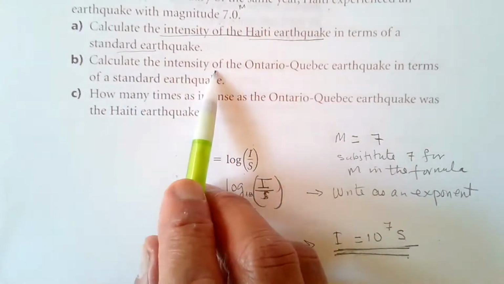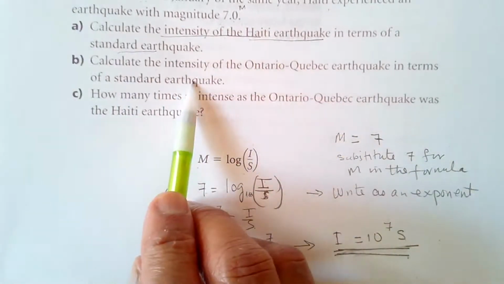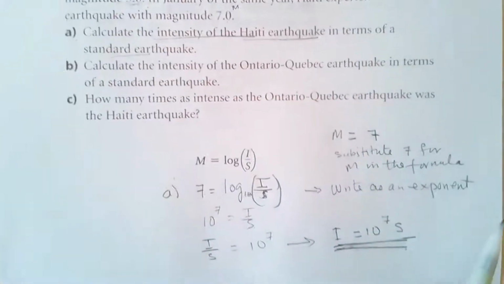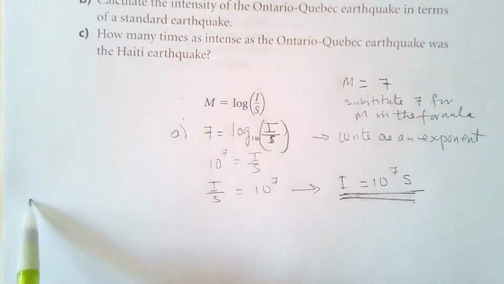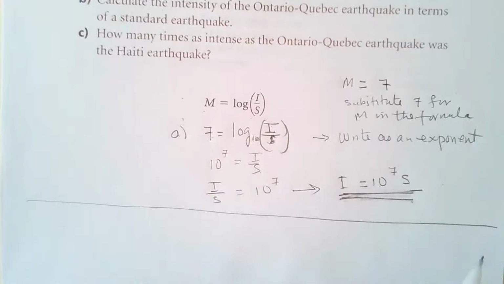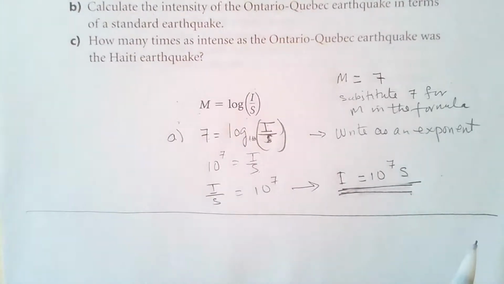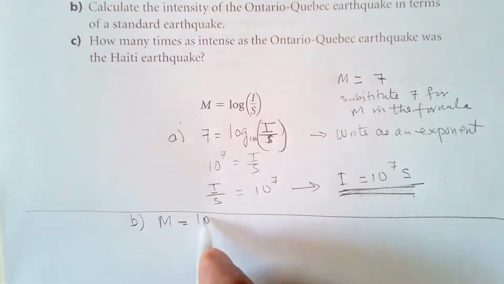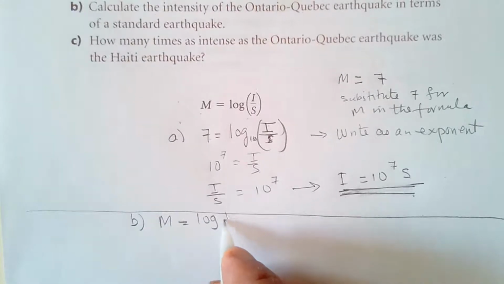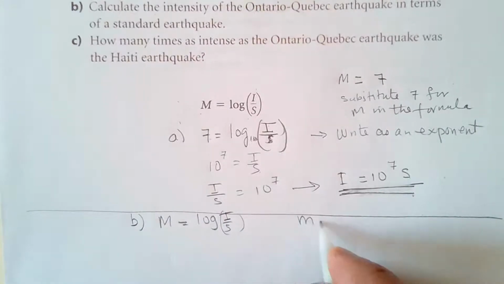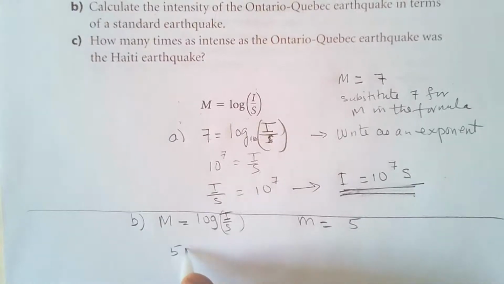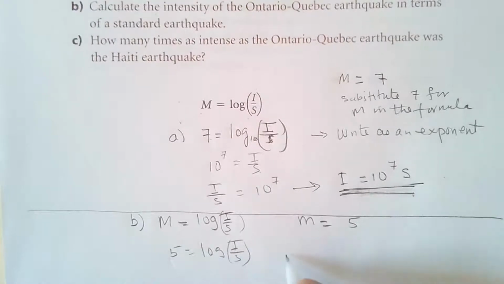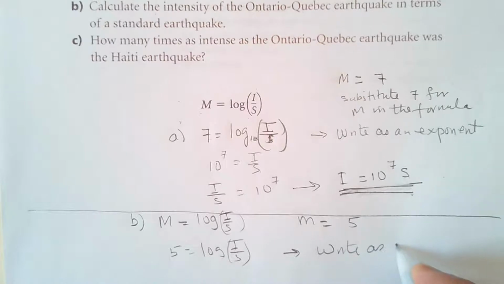Now, part B is calculating the intensity of the Ontario, Quebec earthquake in terms of a standard earthquake. Now, the Ontario, Quebec earthquake is 5. So M is equal to log I over S. We have M is equal to 5, so 5 is equal to log I over S. Next, we write as an exponent.